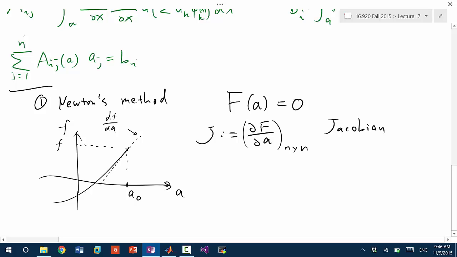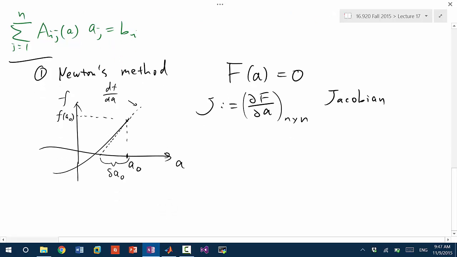Take the value of the function at this point and divide it by the slope of the function, which gives us the delta a we need to subtract from a0 to get a better estimate.